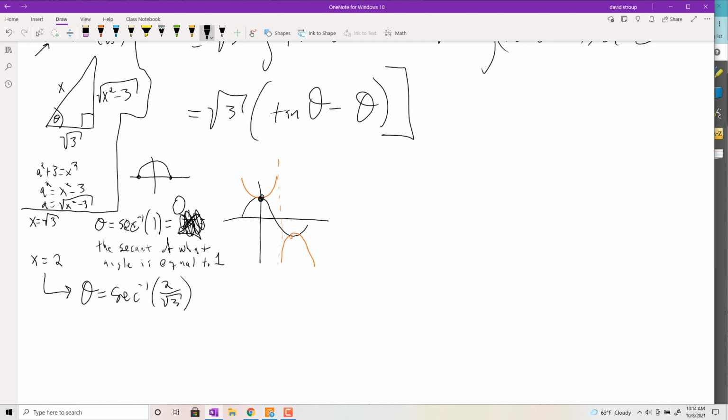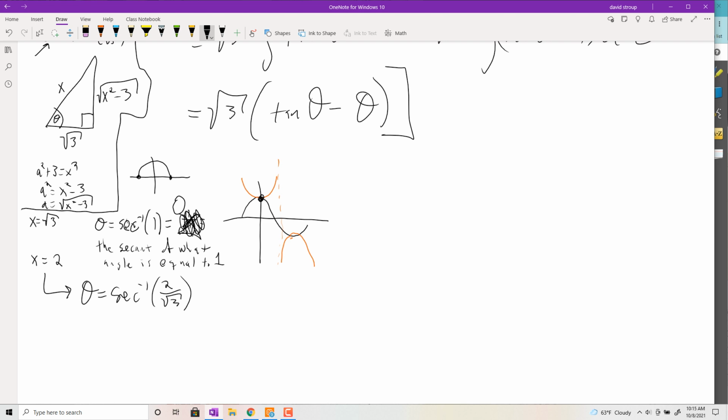The problem with secant inverse is if you play that game, you're saying the cosine of what angle equals 1, well, it's 0, but then 1 over secant of 0 is undefined. So you see what I'm getting at there.